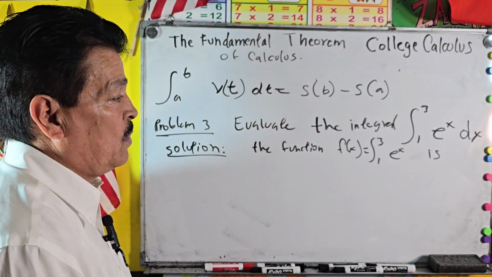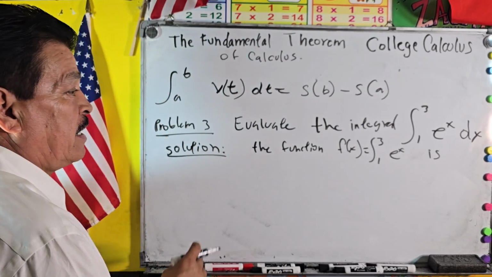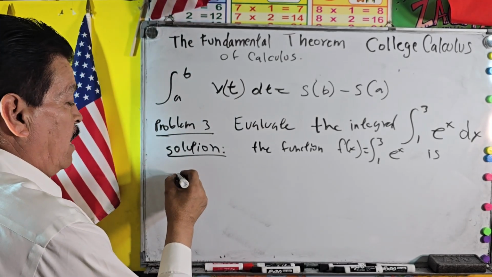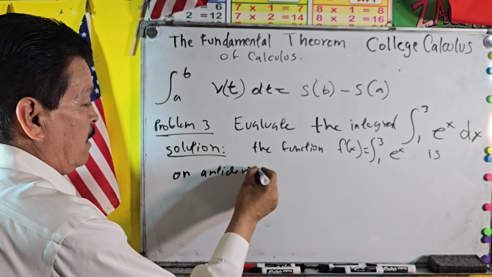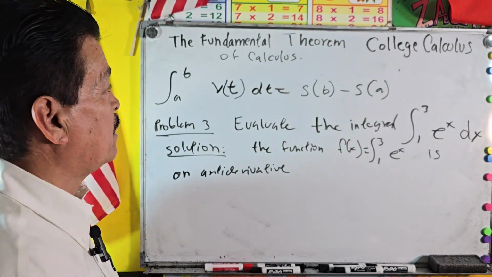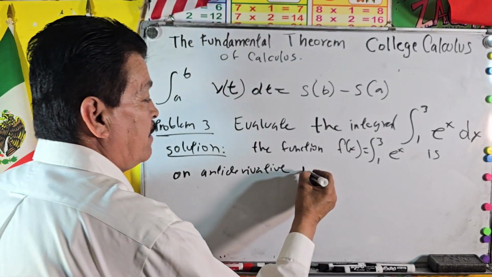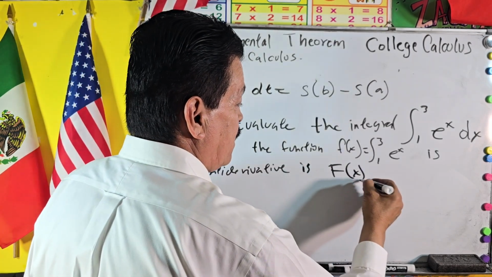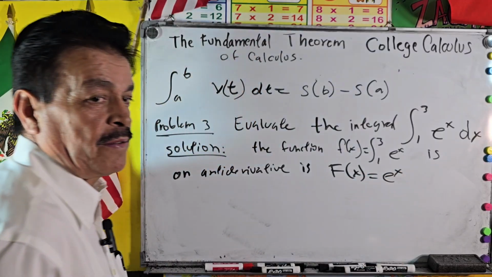And remember that we are talking about the antiderivative. This must be the condition. Remember the second part of the fundamental theorem: the antiderivative is F. Just write f of x equals e to the x power.